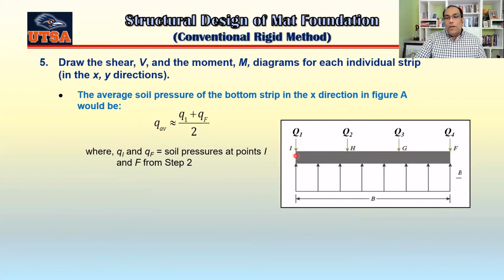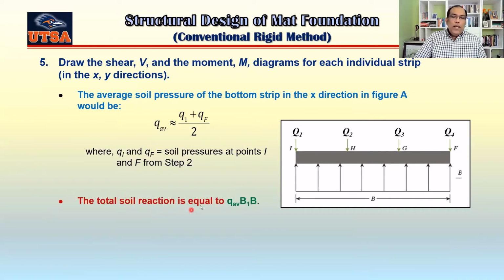You already know that Q1, Q2, Q3, Q4 are working at I, H, G, and F. And then you try to find out the average soil pressure here, which is nothing but the pressure here and pressure here. You just add those two and take the average, okay?